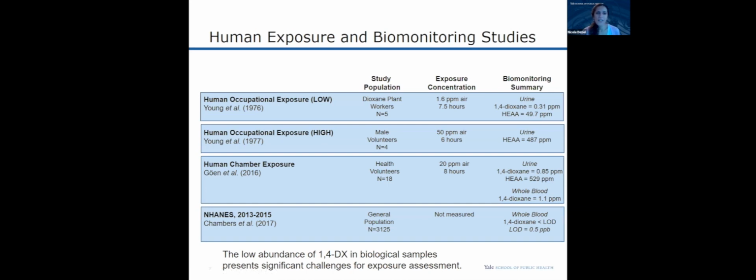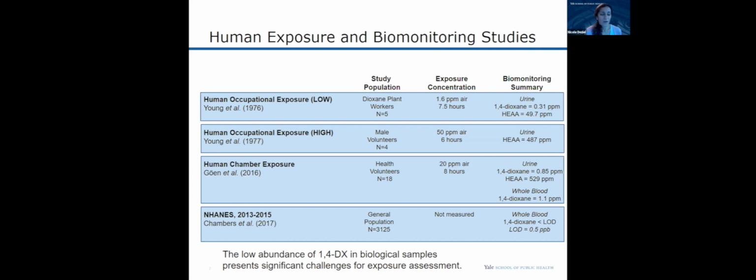Okay, and here's a slide summarizing the existing biomonitoring studies. So several have used urine, and a few have used blood. So I wanted to move on to some of the challenges with using whole blood and measurements in blood as another biomonitoring tool. If I could draw your attention to the fourth box here, this was an NHANES study, a nationally representative sample of the adult population conducted by CDC.